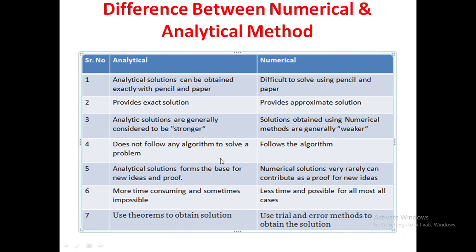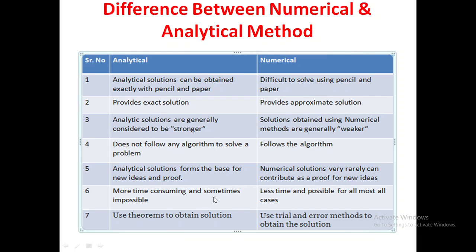Then the analytical method does not follow any algorithm to solve a problem, but the numerical method follows an algorithm. Without an algorithm we can't find the answer. From the analytical solution, new ideas and proofs are obtained, but the numerical solution very rarely contributes a proof or new ideas.